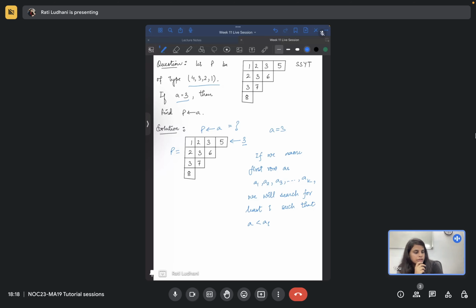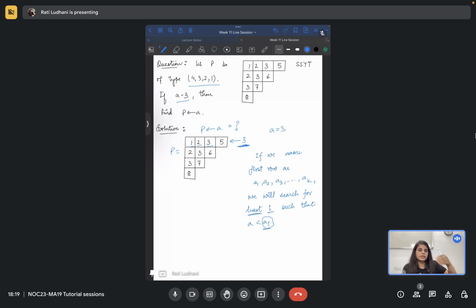Now here, which ai can you consider? There is 1, 2, and then 5. Since ai is strictly greater than a, and we are inserting 3, 5 is the only choice. We are searching for the least i.